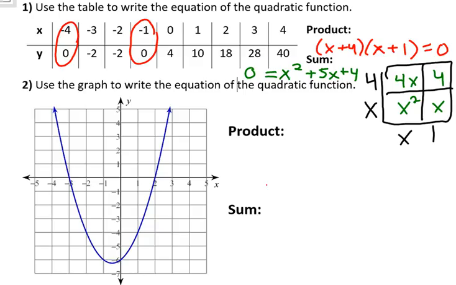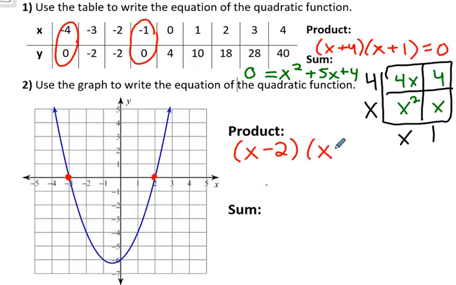Now, moving on to the graph, we can see that there is an x-intercept at x equals +2. So we know that we're going to write one of our factors as x minus 2. We can see that we have another x-intercept at x equals -3.